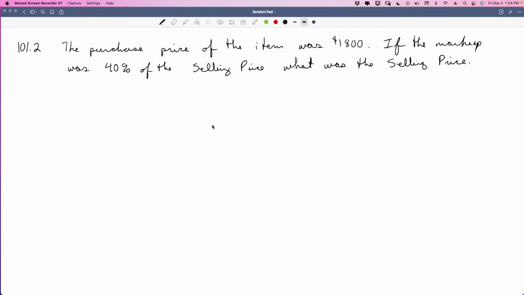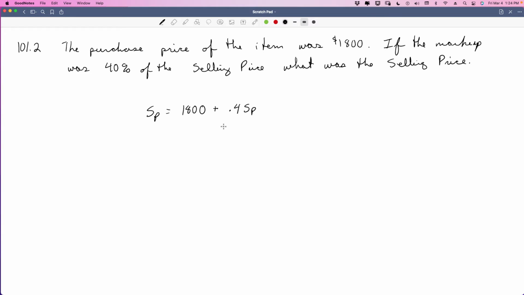All right, in this problem, we see the purchase price of the item was $1,800. If the markup was 40% of the selling price, what was the selling price? So we say the selling price is equal to the purchase price, $1,800, plus 40% of the selling price, so 0.4 times the selling price.